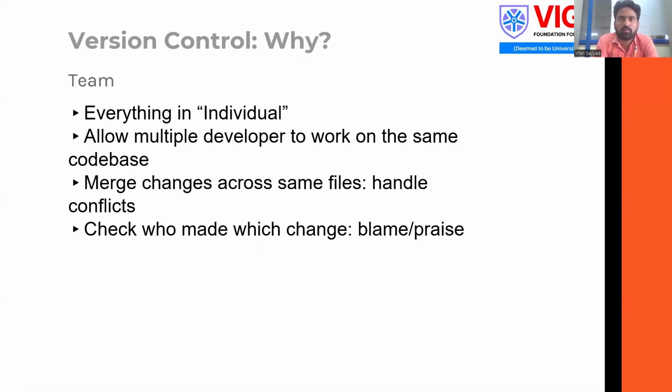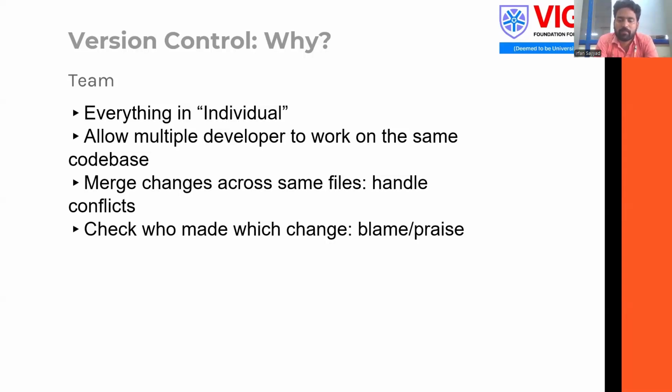A version control system allows multiple persons to work in the same place. It merges all the files and handles the conflicts. And it gives the information about who made which changes. So if the work is good, we can praise them. If the work is not good, we can blame them.